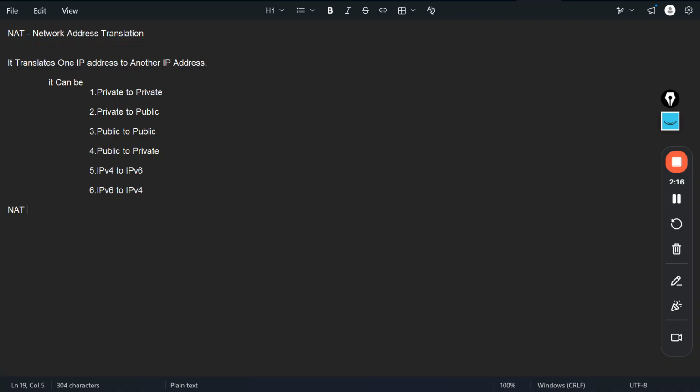So NAT reduces the required public IPs. NAT provides security by hiding internal IPs.